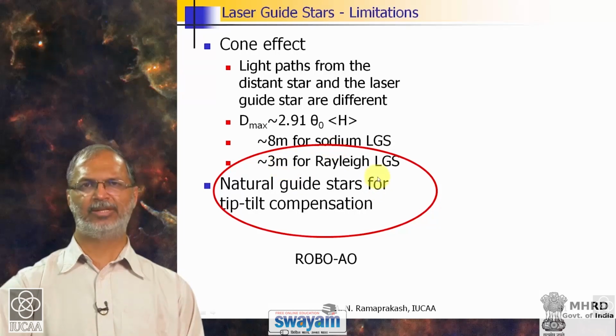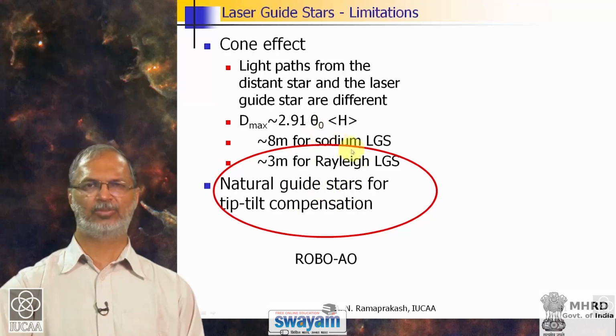So, with a 3 meter diameter telescope, even with a laser which goes only up to 10 kilometers in height, and using natural guide stars for tip tilt compensation, you can develop a very effective adaptive optics system which works for small telescopes. One such system is called RoboAO, a robotic adaptive optics system which automatically compensates for atmospheric turbulence, and it works very well for small telescopes.